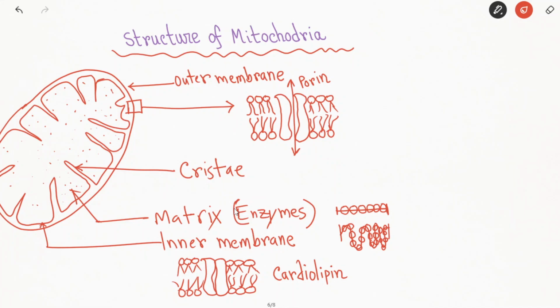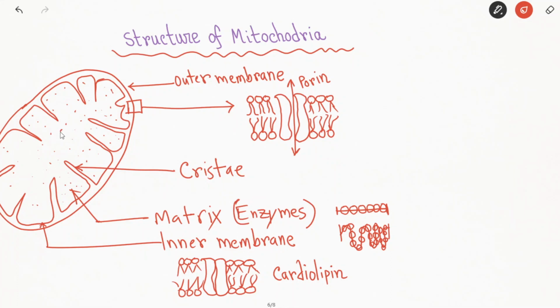And a very interesting point is we know that our cell has a well-defined nucleus, and inside the nucleus we have chromosome, and chromosome has the DNA. Very interestingly, mitochondria has its own DNA called mitochondrial DNA.